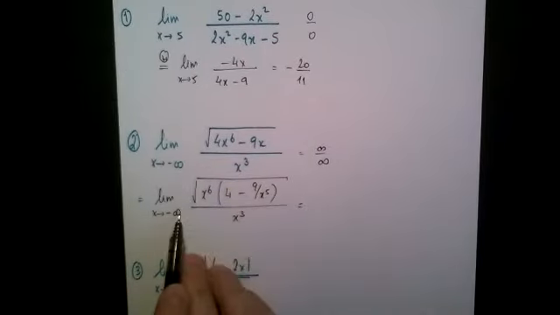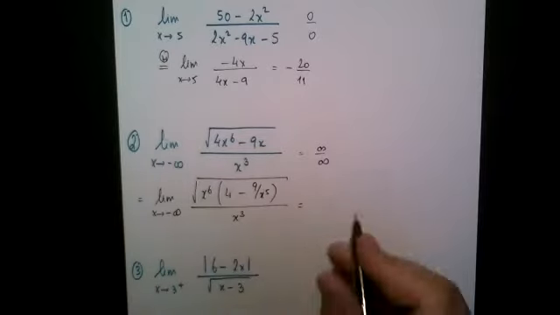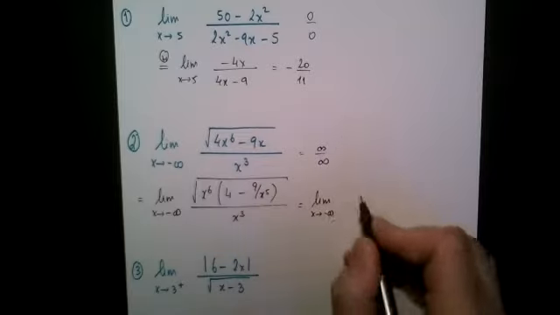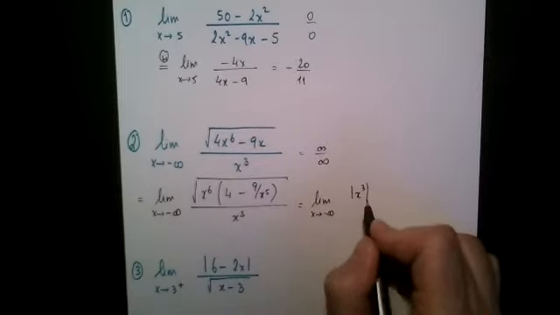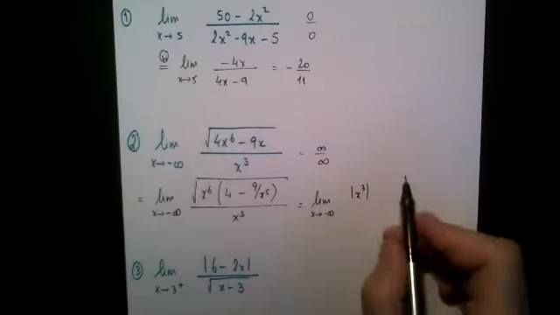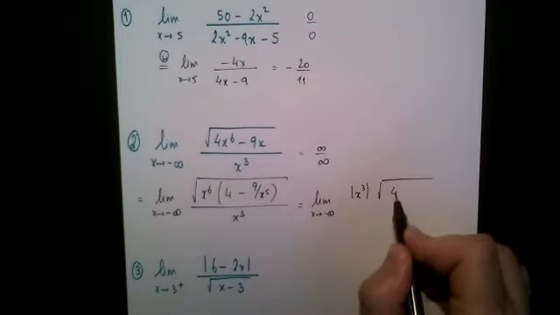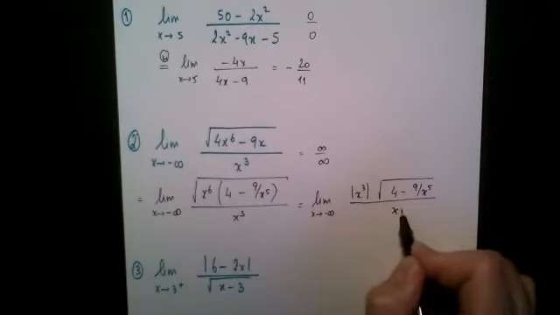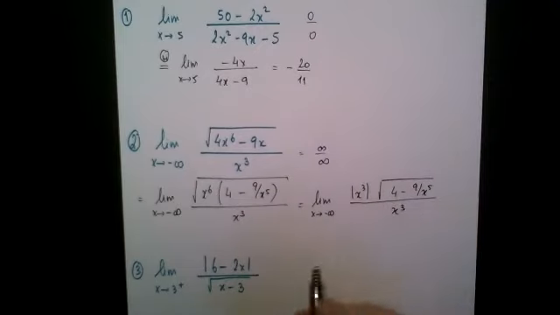Okay, square root of x⁶ is x cubed. So limit as x approaches negative infinity of the absolute value of x cubed. Don't forget the absolute value, that's important. Times (4 minus 9 over x⁵), and on the bottom we have x cubed. And then since it's negative infinity, when I take out the absolute value, it becomes minus.